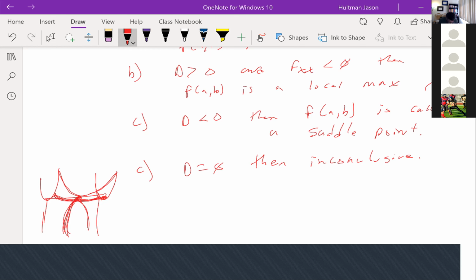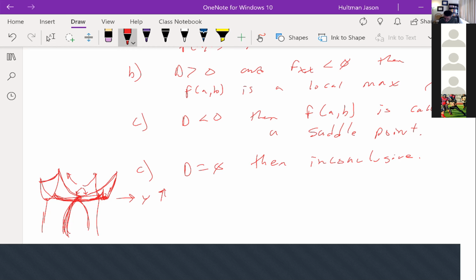It's coming down like this. In one direction it goes up, and in the other direction it goes down. We'll say that this is the y direction, and it's going up.